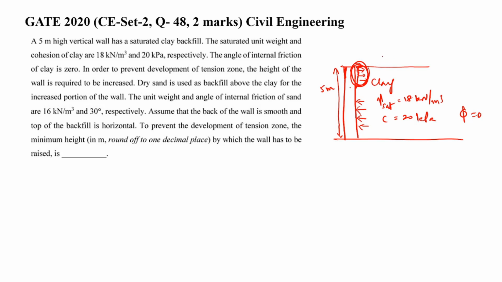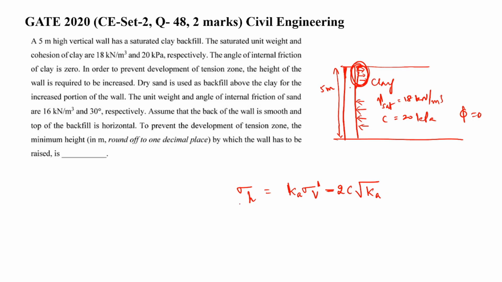Negative means, if we have the formula, suppose this is the total horizontal earth pressure, it can be calculated as Ka multiplied by sigma V dash minus 2C under root Ka. This is the active earth pressure.